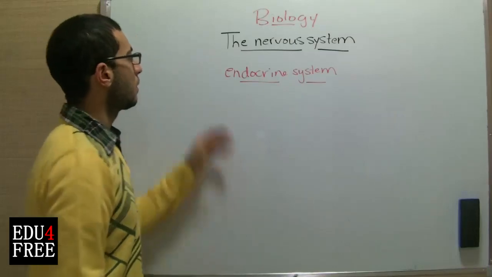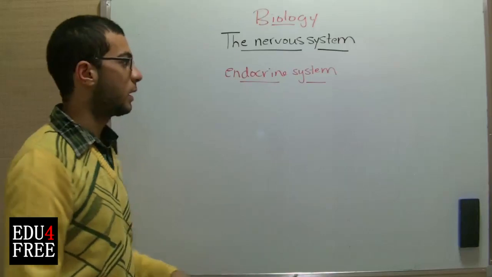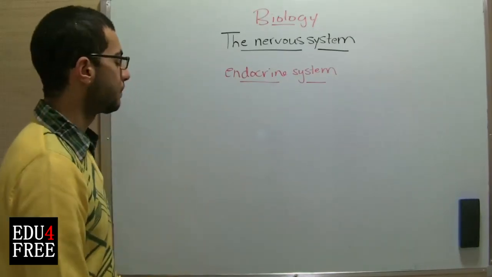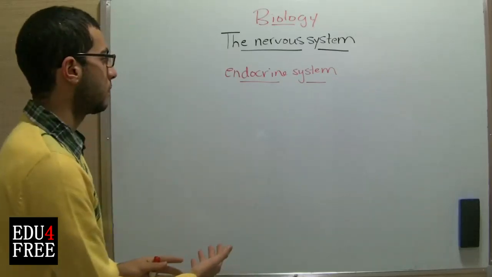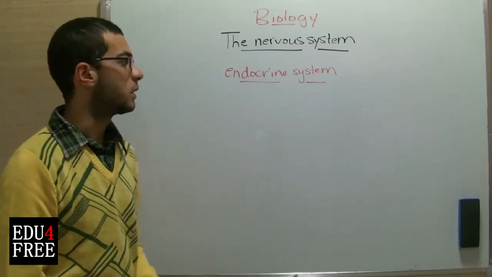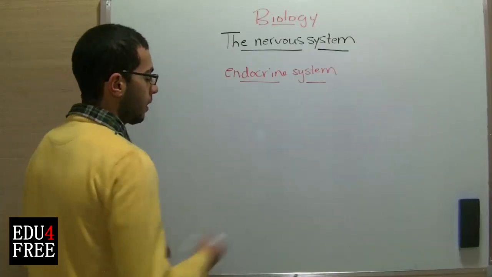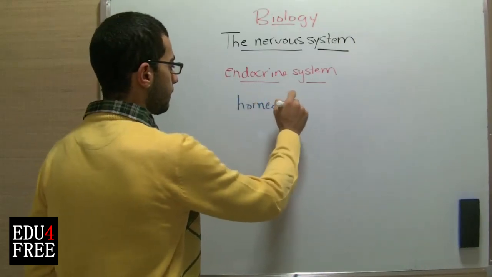So the nervous system and the endocrine system working together help the body to keep its state constant and normal, the internal state of the body and the external state of the body with the surrounding environment. And this process collectively is called homeostasis.